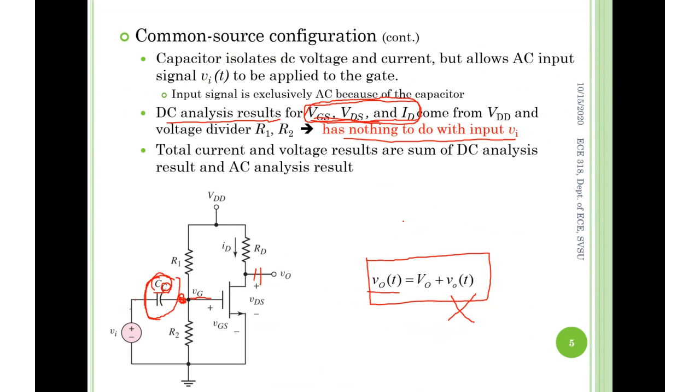Imagine you're designing an amplifier. Then what's the requirement for the amplifier from the customer? Have you ever thought about this? I'm paying you, asking you to design or make an amplifier for me, right? And what requirement can I give you?